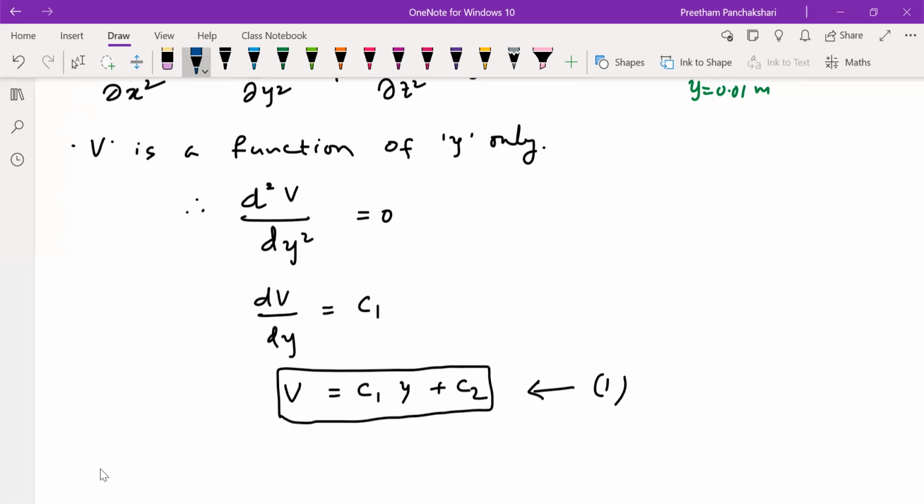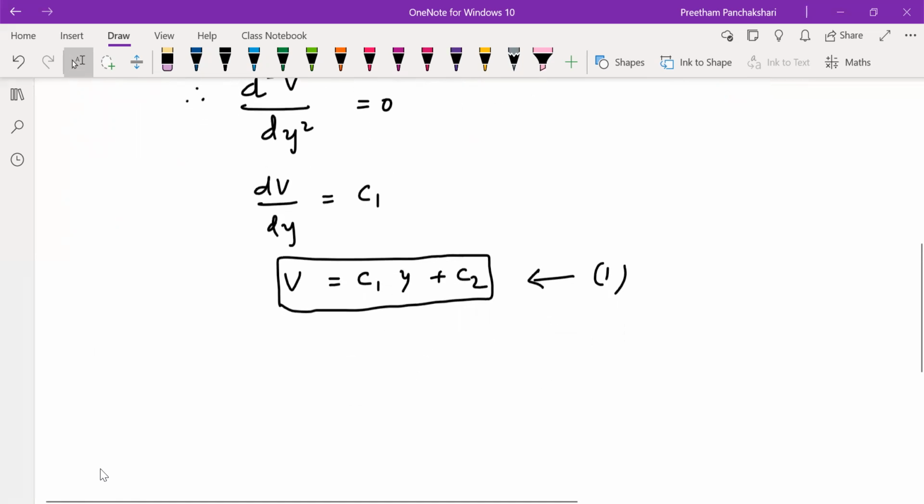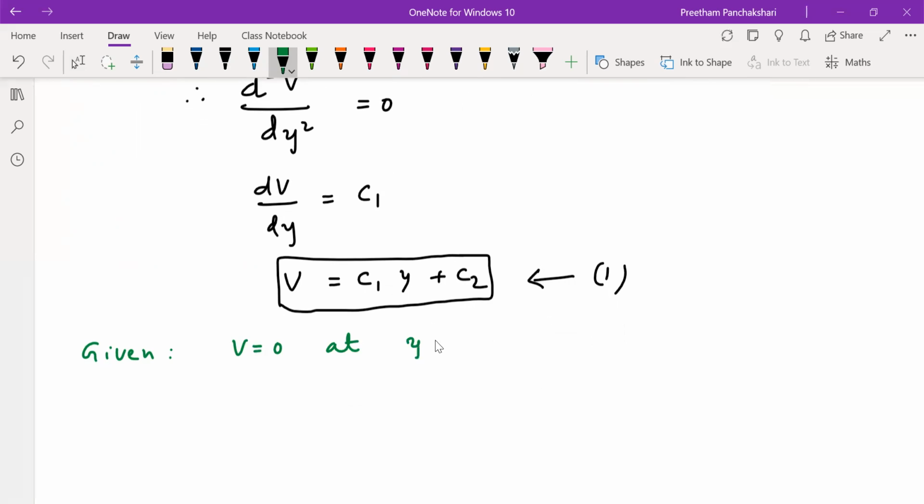Two boundary conditions are needed, but only one boundary condition is given. In the other one, an expression for flux density is given instead of the boundary condition. So let us use the given information to find C1 and C2. The given is V equal to 0 at y equal to 0.01 meters.